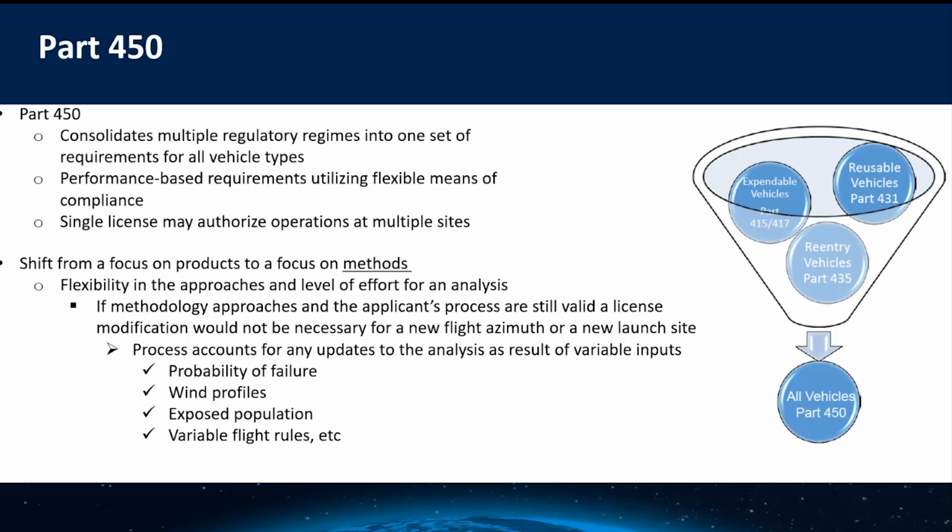But the amount of initial analysis and documentation to get there and the amount of effort may be greater than if the applicant was to fly a single mission profile from the same launch site.